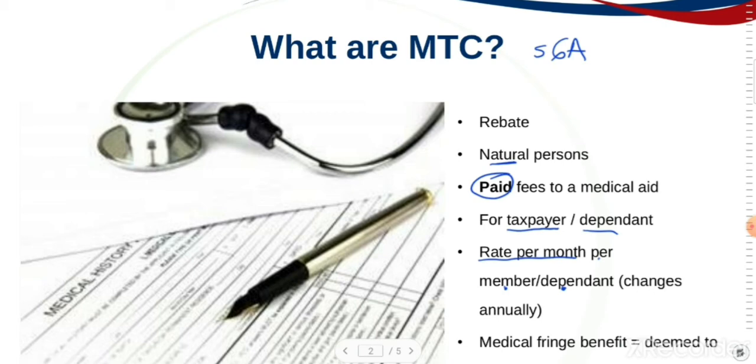And then any other dependent, which would be a second dependent onwards, the rate then changes from that point onwards. The rate is a rate that is per month. So please always remember to check for how many months the taxpayer or the dependents were members of the medical aid scheme for. And it does change annually, year on year. So when you're dealing with the 2021 year of assessment, make sure you use the correct rate.